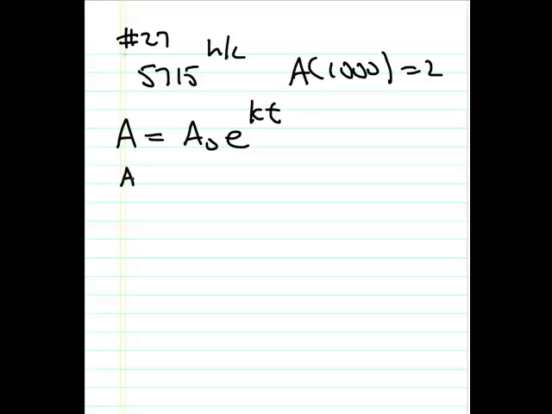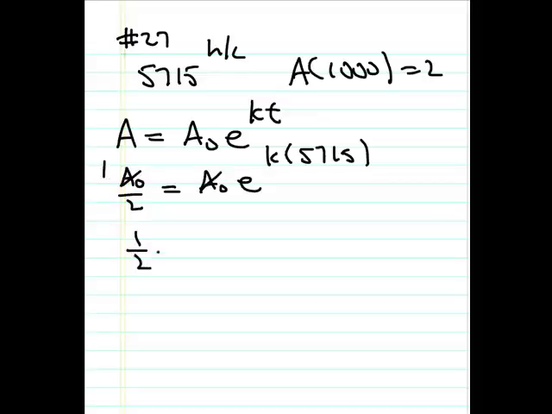So what we have in the half-life is A0 over 2 is equal to A0 e to the k times 5715. We're going to divide both sides by A sub 0. So once again, you see we have 1/2 is equal to e to the 5715k.